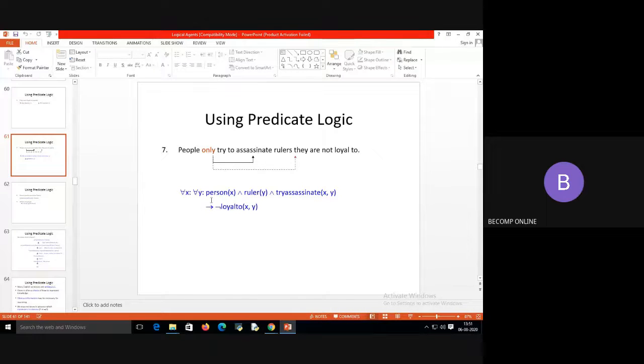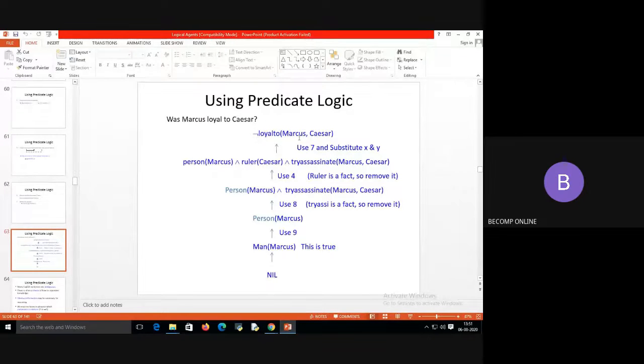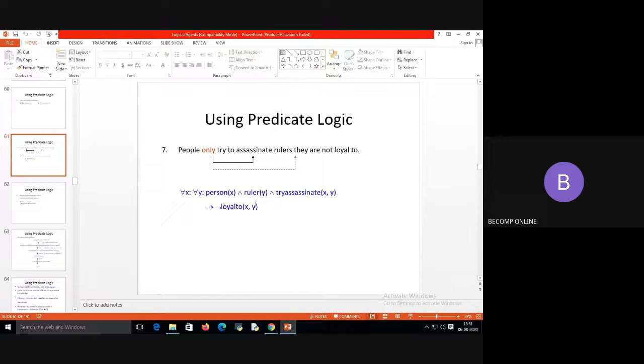So I will pick up this not loyal to Marcus comma Caesar from fact number 7, provided x is replaced with Marcus and y is replaced with Caesar. On the left side of the implication sign, I have person x, which becomes person Marcus. Ruler y becomes ruler Caesar. Try-assassinate x comma y becomes try-assassinate Marcus comma Caesar.